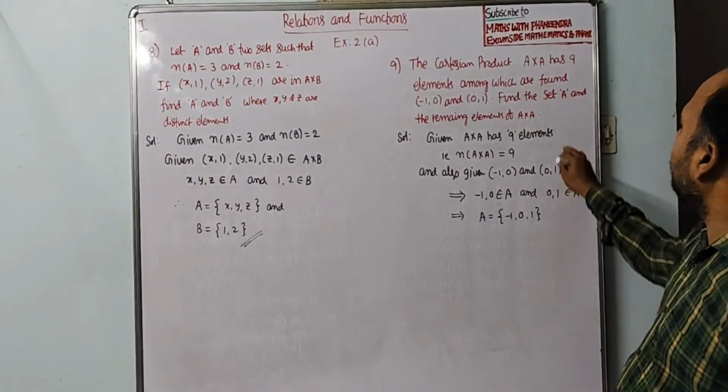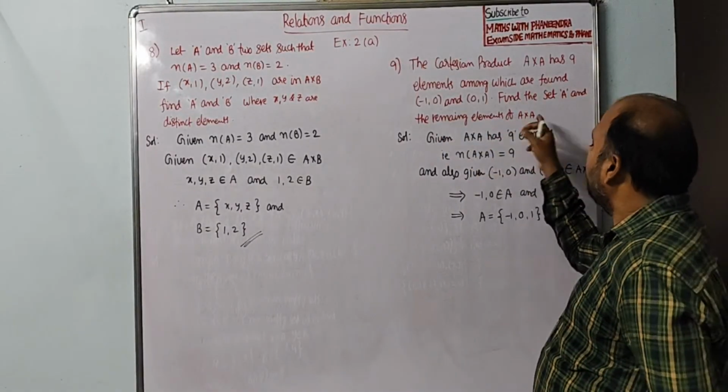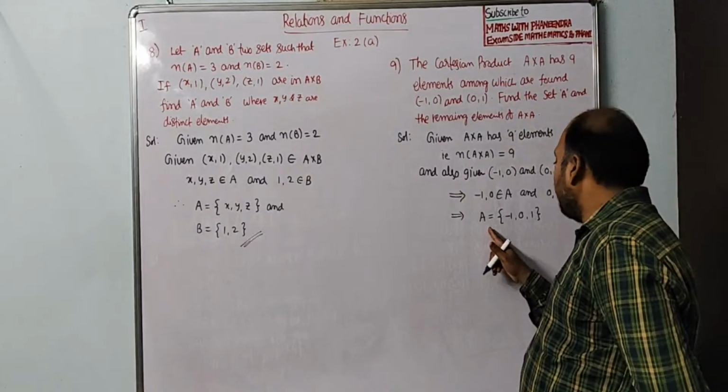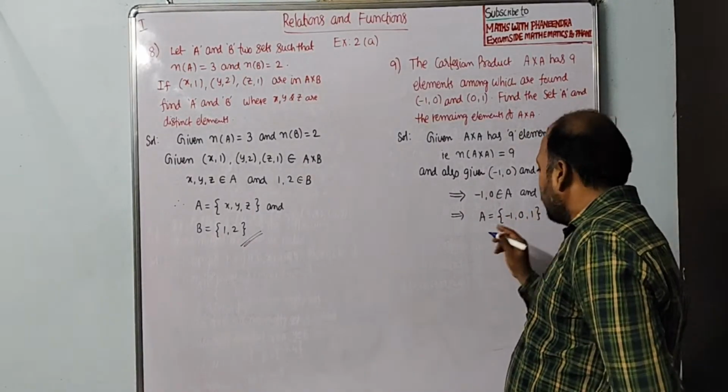So what are the elements? Find the set A and the remaining elements of A cross A. A has the elements minus 1, 0, 1.